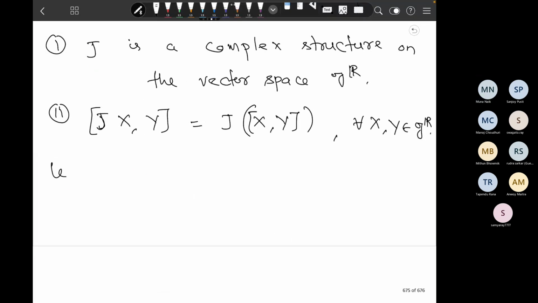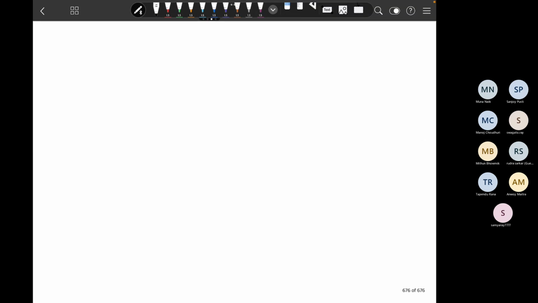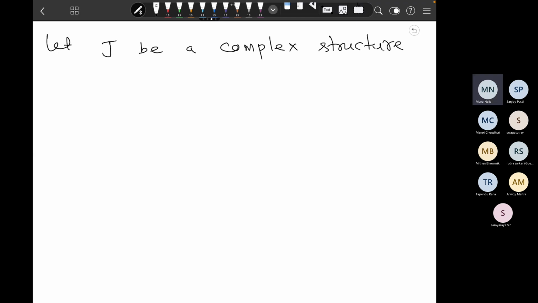So let J be a complex structure on a real Lie algebra G_R.